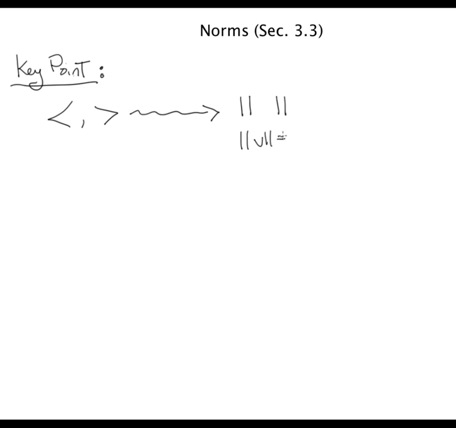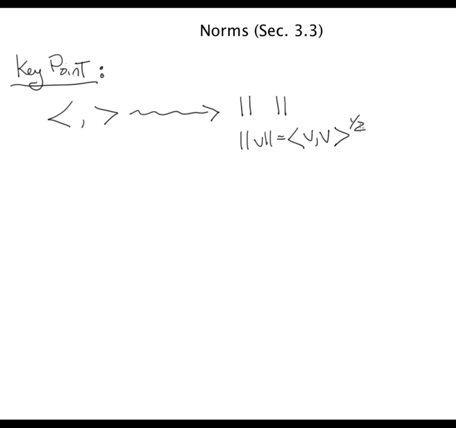Before I start talking about that, let me make a key observation. We talked about if you have an inner product, you can make a norm, which is to say you take the norm of V to be the square root of the inner product of V with itself.